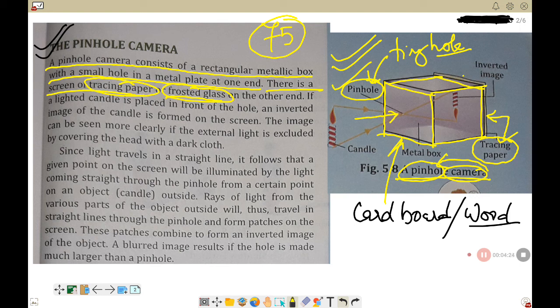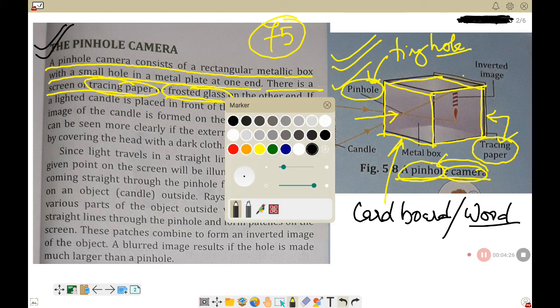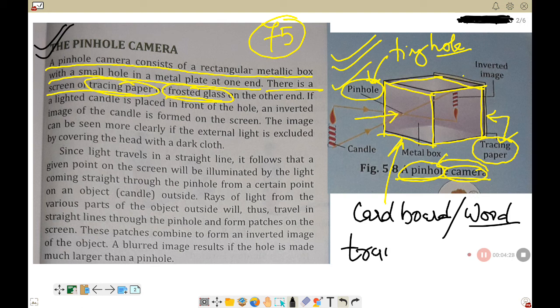They are translucent materials, which I'll tell you about later. For a brief, you can just remember that these are the materials which allow light to pass through them partially. Only a little amount of light can pass through them. Such materials are called translucent materials, and the examples are tracing paper and frosted glass.